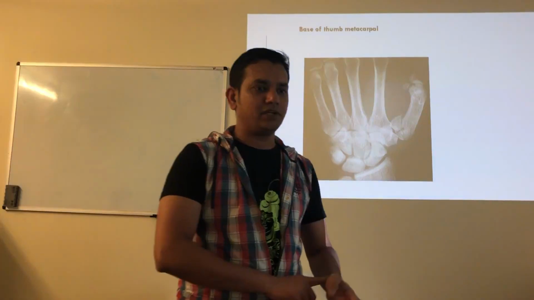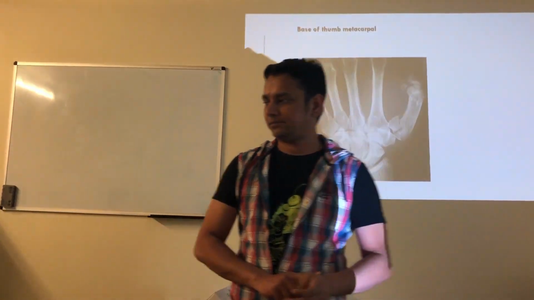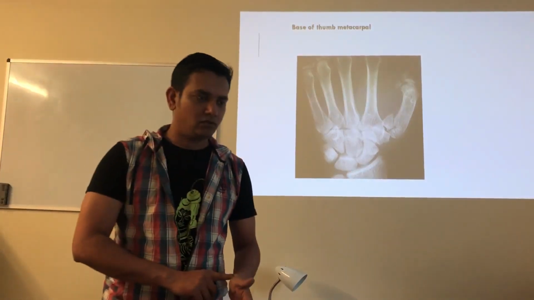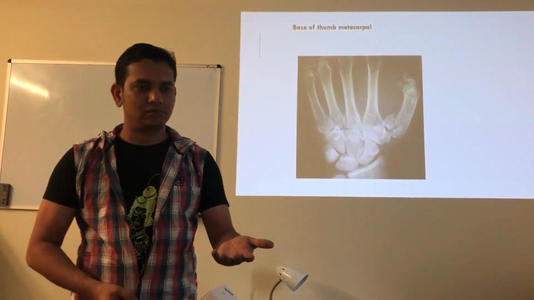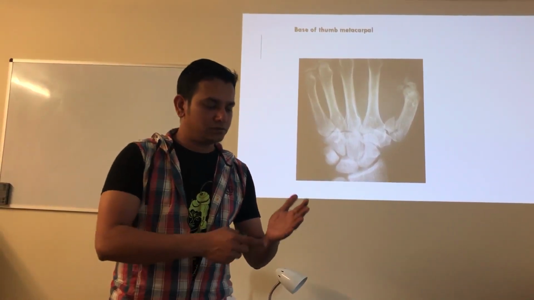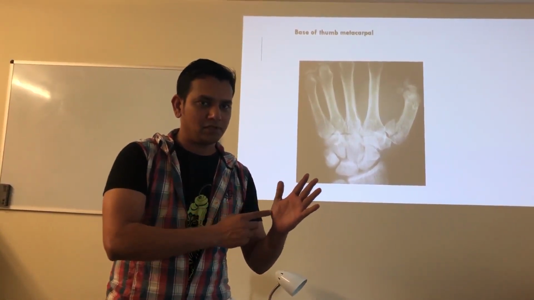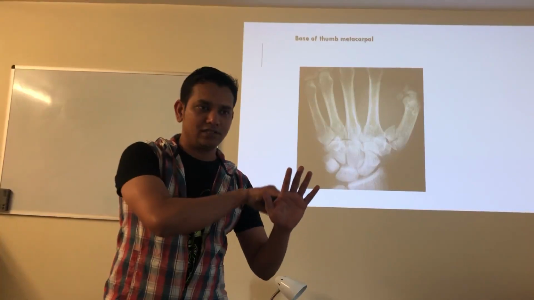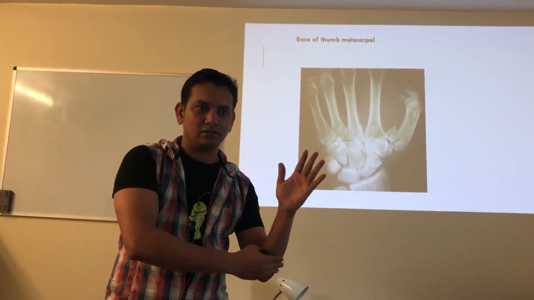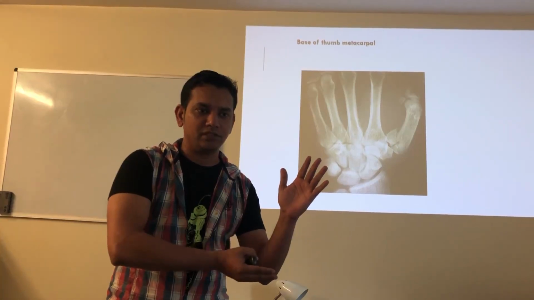Extensor or abductor? Laterally is APL. What is lateral and what is medial? I have always told you, name them. This side is volar, this is dorsal, this is radial, this is ulnar. Nothing is lateral, nothing is medial.